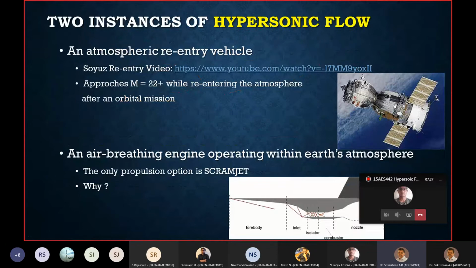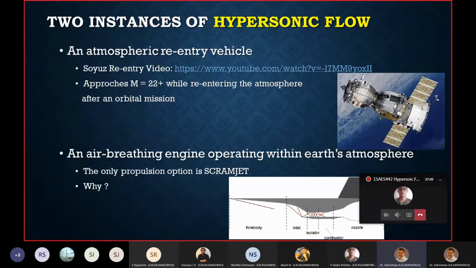Okay, now just highlighting two instances of this. One is the re-entry vehicle. I'm sure you would have heard of that right from the first year, and you would have come across applications and some examples of re-entry vehicles.